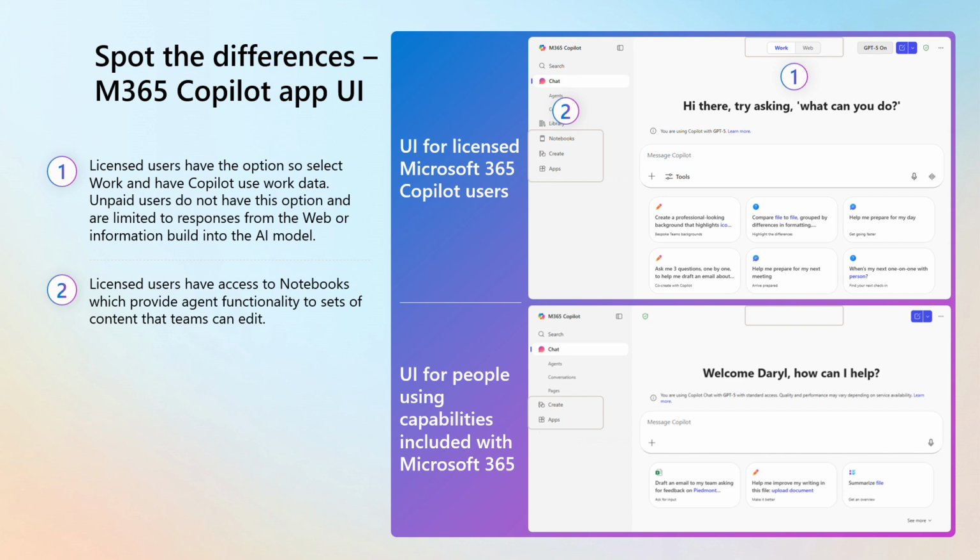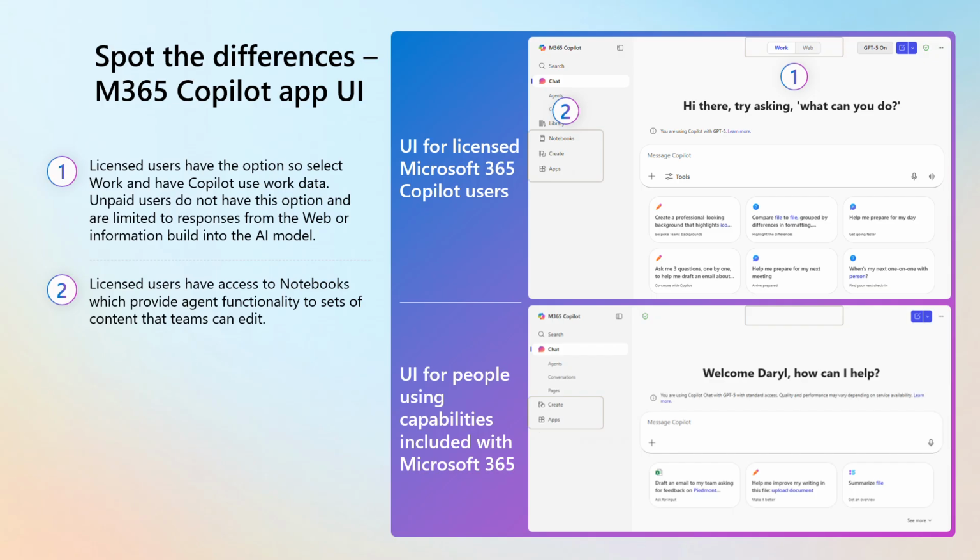As in the previous video, I also discussed that in Word, when you use Copilot, you see this type of interface that you can see in the screenshot placed here. In Microsoft 365 Copilot, there are licensed users, the users that have the subscription for Microsoft 365, and there are simple users.